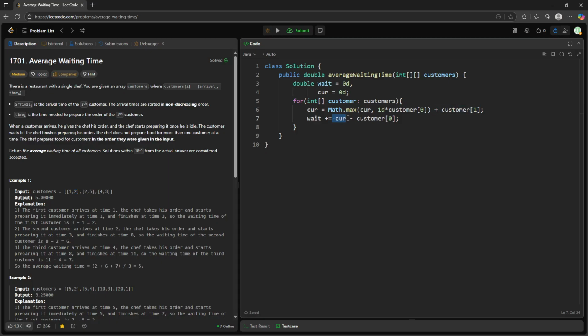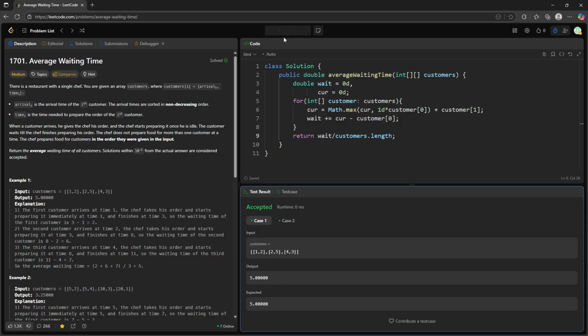And the subtraction of the total time minus the starting time becomes the wait time. Later on you just do wait divided by the total number of customers. So this will be the solution.